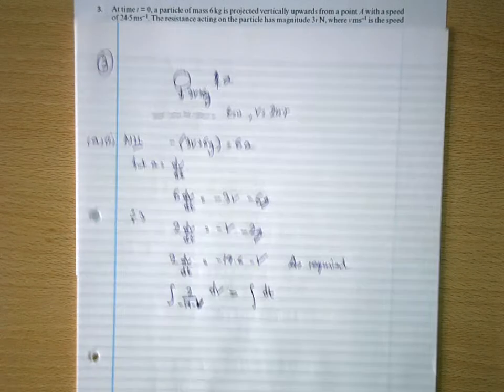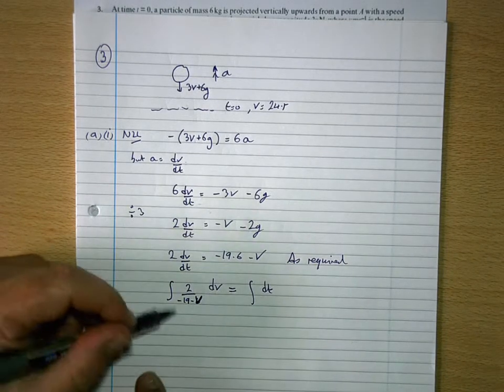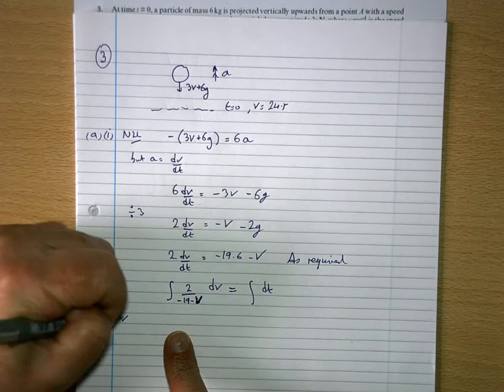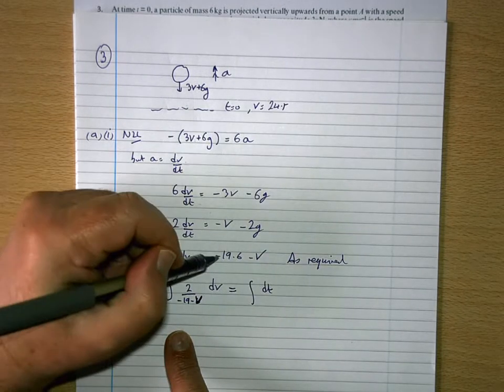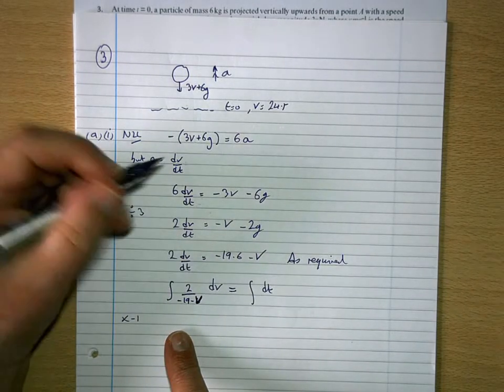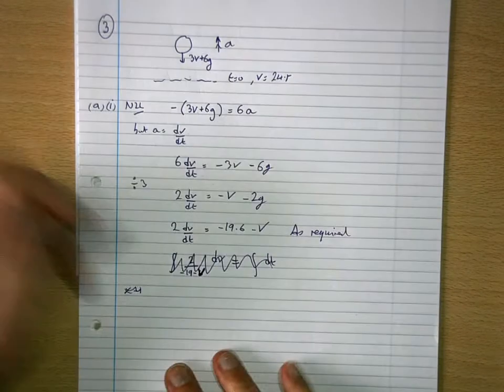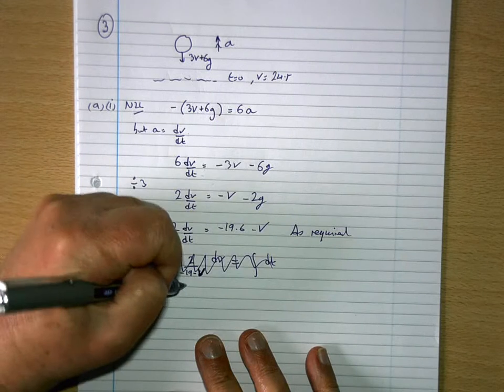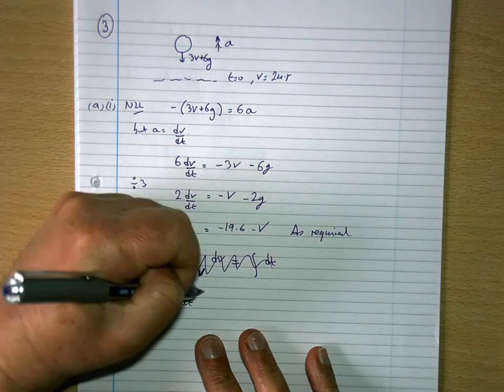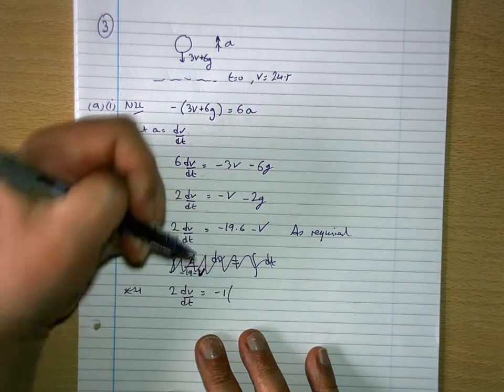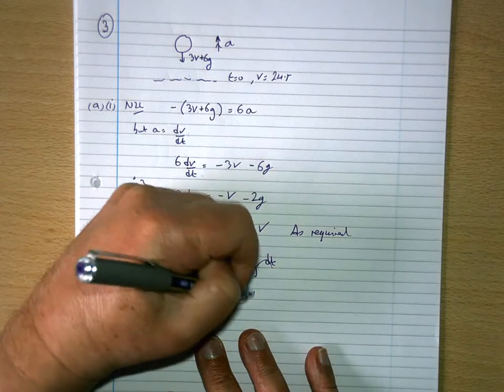Well, it's a bit ugly that way, so if I multiply throughout by minus 1, which I could have just taken out up there, let's do that. Let me write that first of all as 2 dV/dt equals minus 1 times (19.6 plus V).